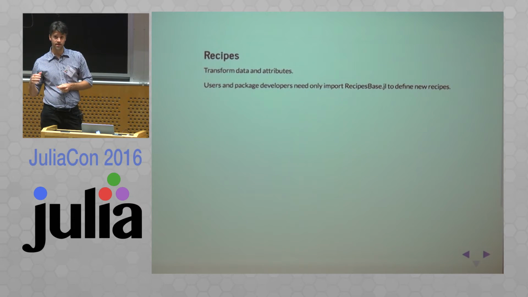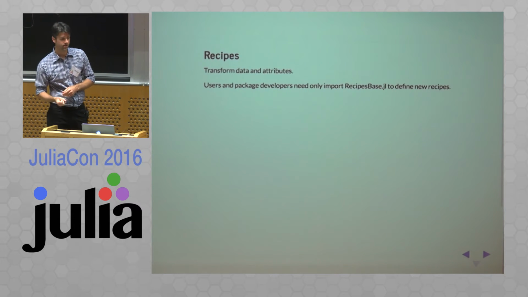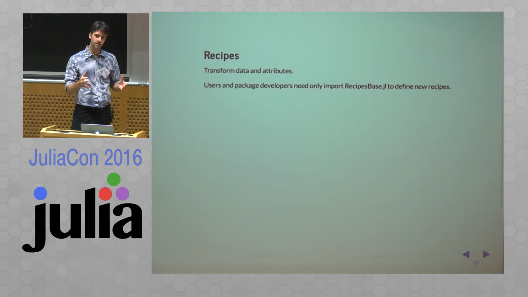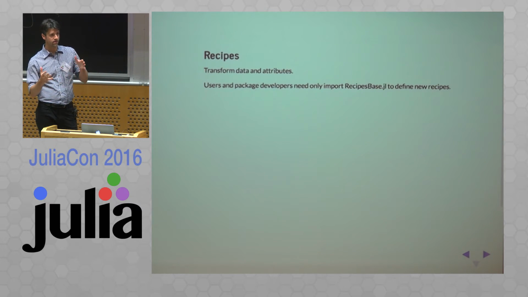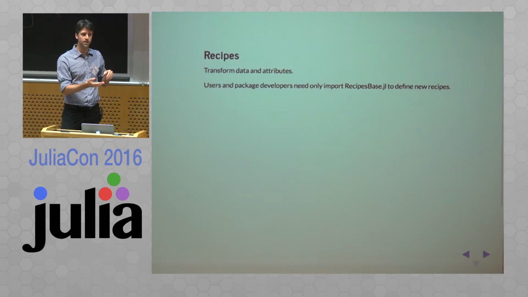An example of a recipe is a recipe for a histogram. You take in a vector of values that are sampled from a normal distribution, and that's your input into a histogram.